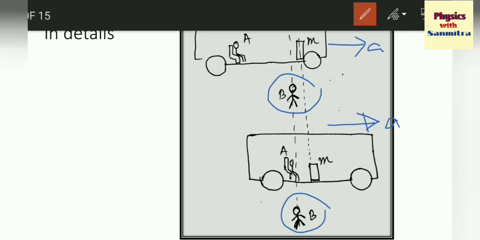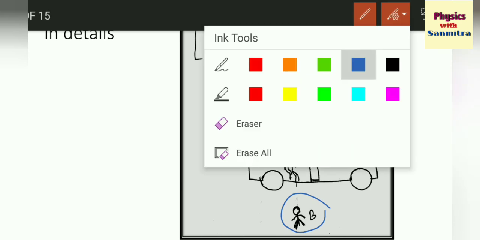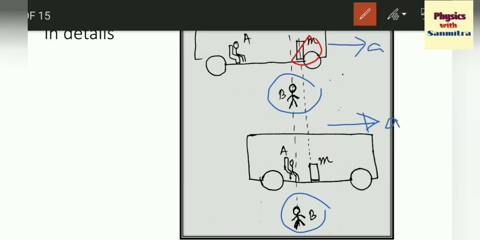Observer B sees that no force is being applied on this block. There is no force. That is why it is at rest. And there is a force being applied on observer A's frame, that is the bus. That is why the bus is moving forward with an acceleration A, that is F is equal to ma.